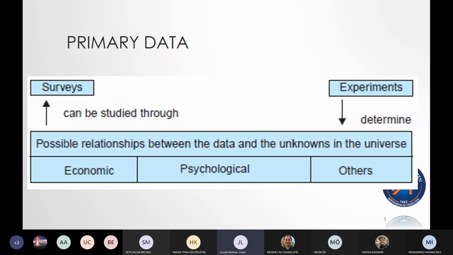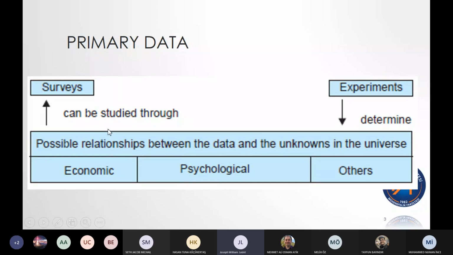And so we can run experiments to determine what those truths are, what those relationships between different variables and different unknowns are. We can also study those relationships that exist through surveys.